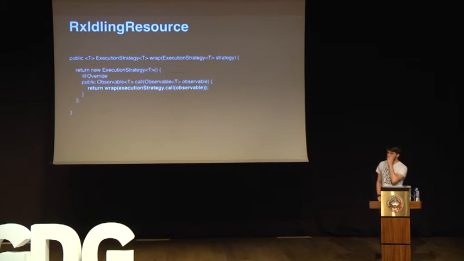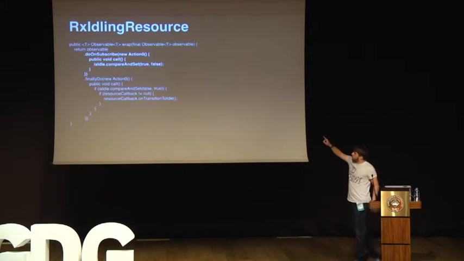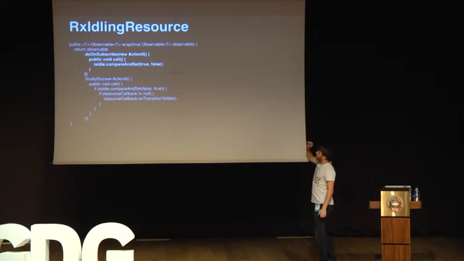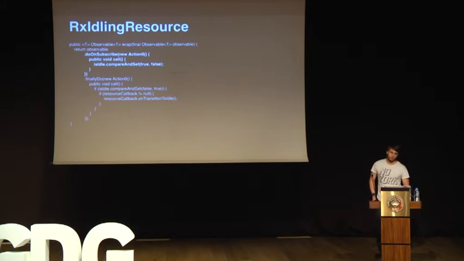So for each background task, I can choose to make Espresso wait for it to terminate or not. I can drop in my execution strategy, and this is the important part. This is the RX idling resource we use, and we can say, okay, when we subscribe on the observable, please Espresso, just wait. Don't do anything else, and just wait for this operation to be over.